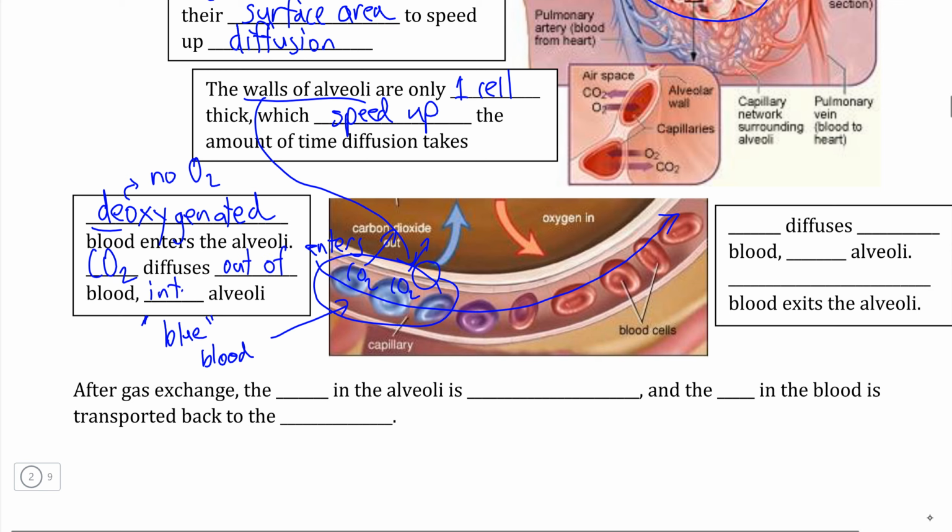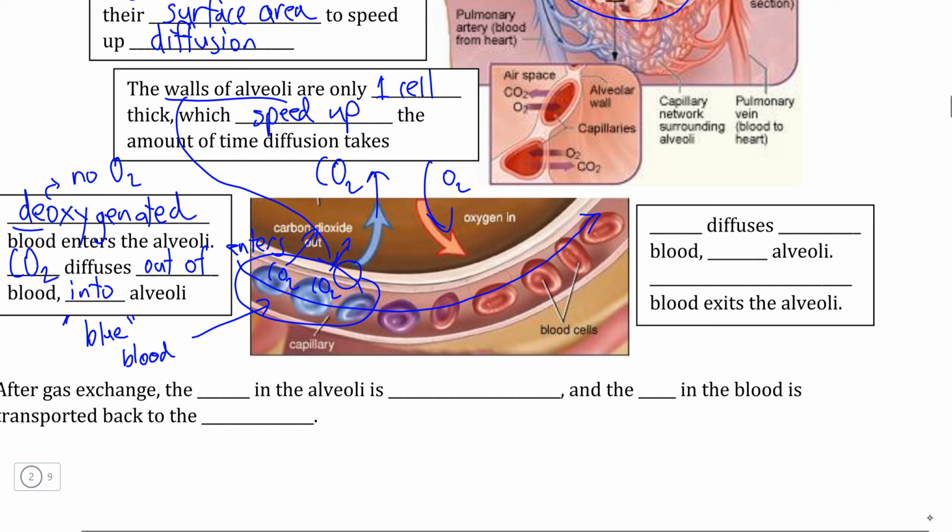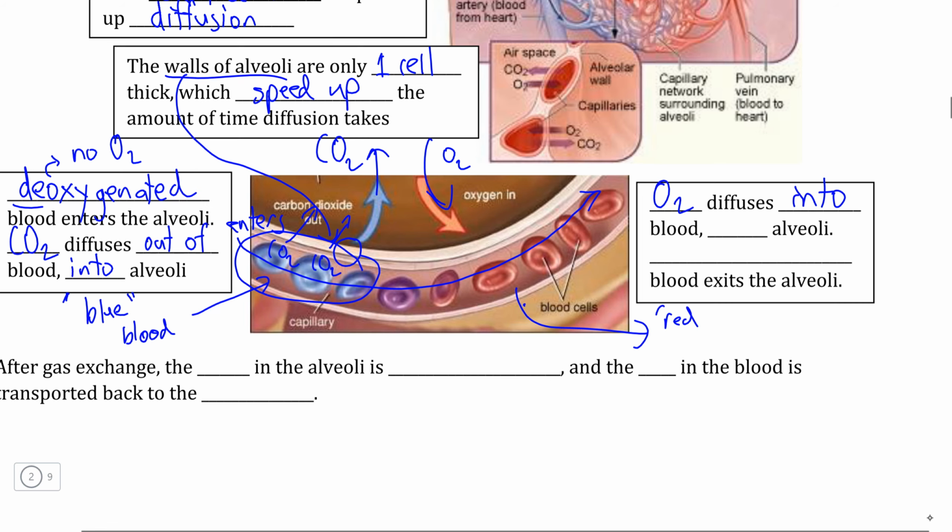Now, after the carbon dioxide leaves, the oxygen that you have inhaled, that has traveled all the way to the ends of the bronchi to get to the alveoli, all of this oxygen gas is going to diffuse into your blood, causing the blood, at least in this diagram here, to appear red.